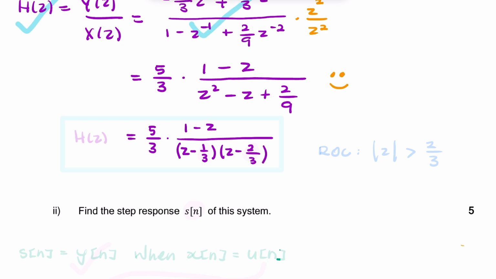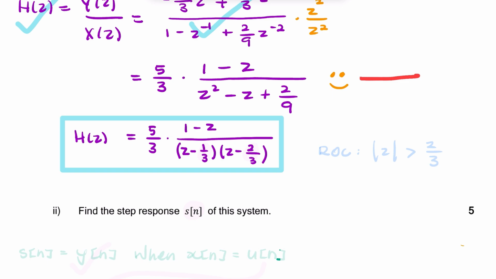Yeah, and that looks right. So that is now my transfer function, so I will write that as H of z. That looks much nicer, and that's the best way to answer that. You could probably leave it in the previous form, but this is a much nicer way.